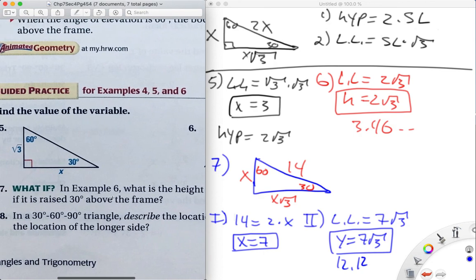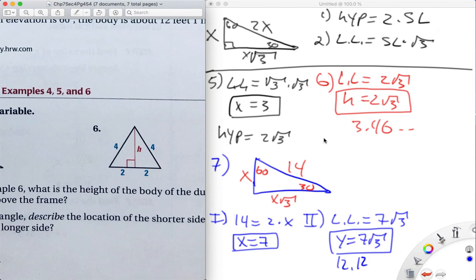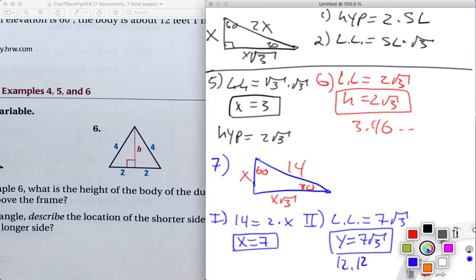Alright. Describe the location of the longer side and the short side of a 30, 60, 90. So in a 30, 60, 90, the short leg is always going to be opposite of the 30-degree angle.